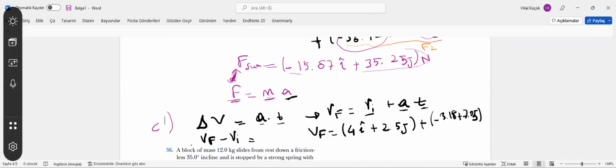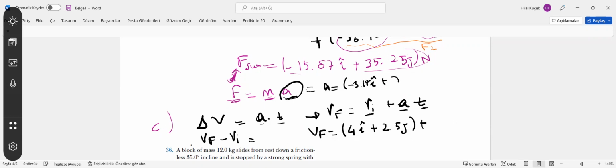Don't forget. Really difficult to write here. A will be that part. And please write A and multiply with T. If it's asking T equal 3, just write T equal 3 in the equation.